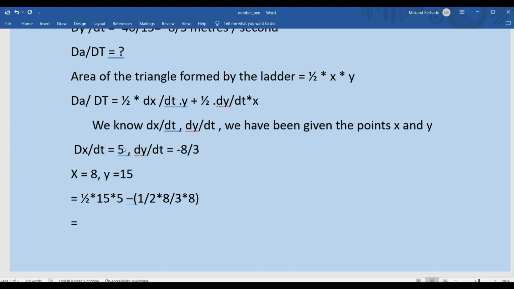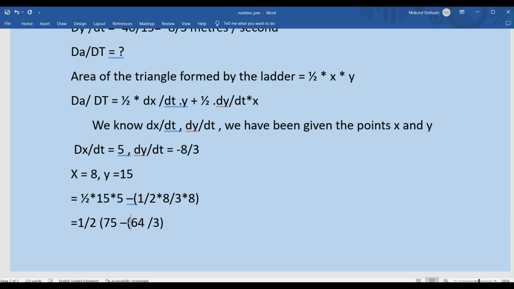So we have 15 into 5, which is 75, divided by 2, minus 64 by 6, right? Let's do it this way, this is a lot easier. Let's take out the half, and then we have 75 minus 64 divided by 3.